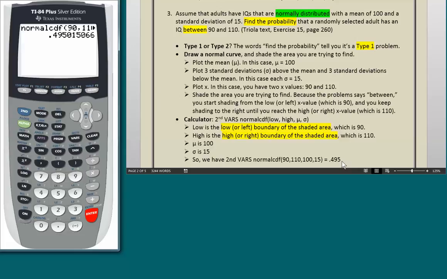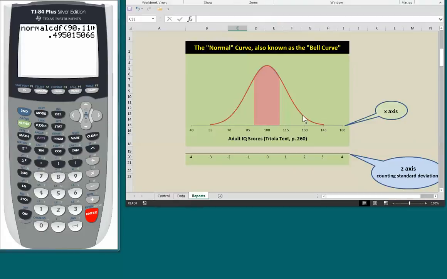I'm going to return to the picture to point out something that's different in this problem in comparison to the first 2 problems we did. If you remember, in the other 2 problems, we had shading that went all the way to one of the tails, either the left tail or the right tail. And in those cases, one of your boundaries is going to be an infinity. If it goes all the way to the left tail, the low boundary is going to be negative infinity.